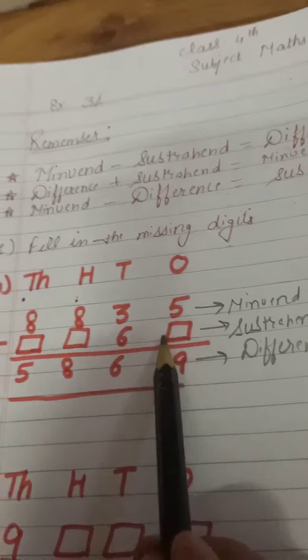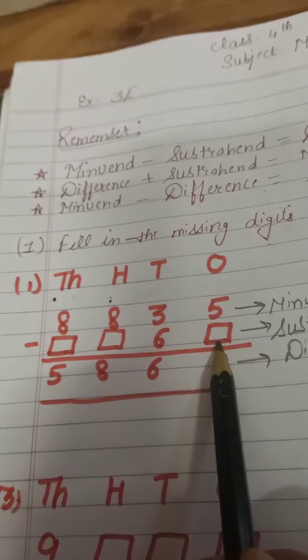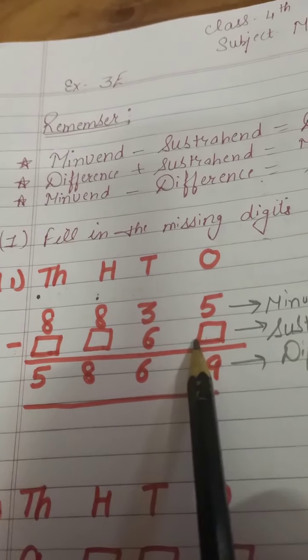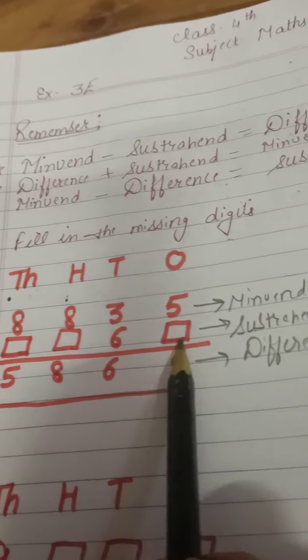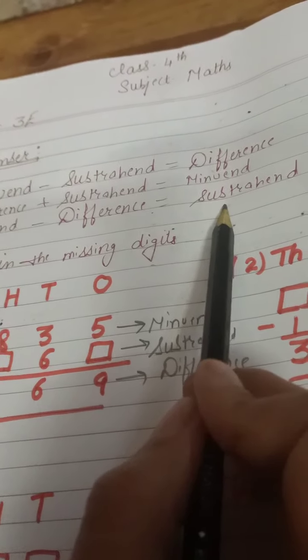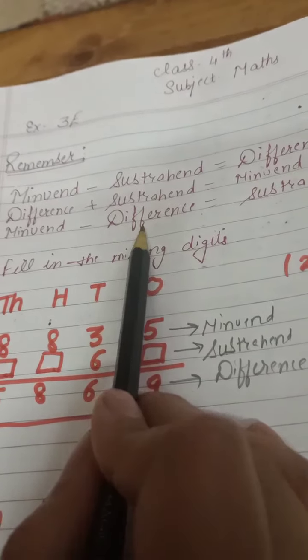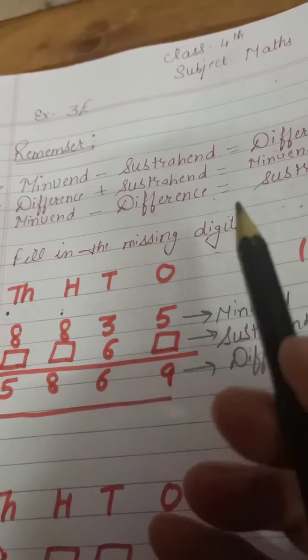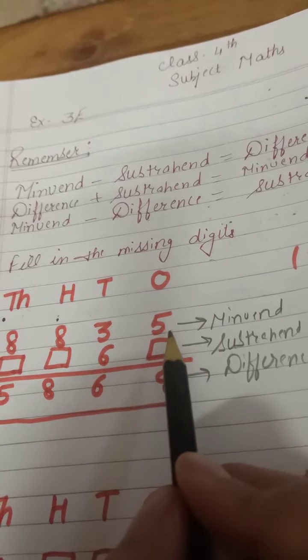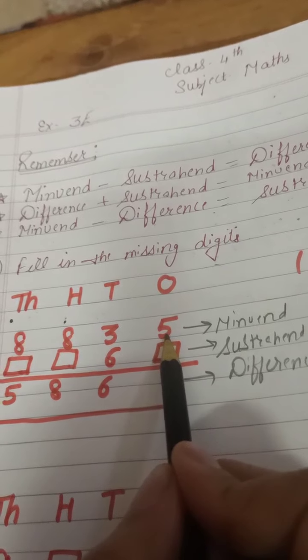Student, now here we have to find this missing digit. You can see here we have to find the subtrahend. Okay, when we find this subtrahend, we subtract the difference from the minuend. So we will subtract this 9 from this 5.